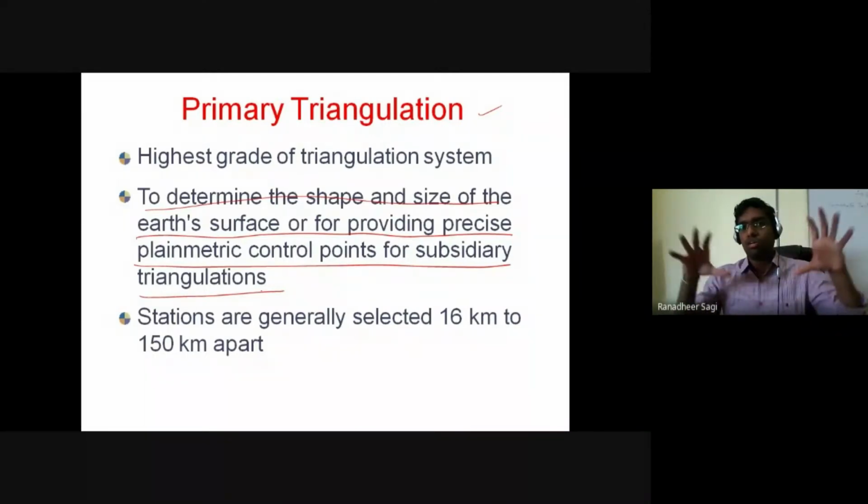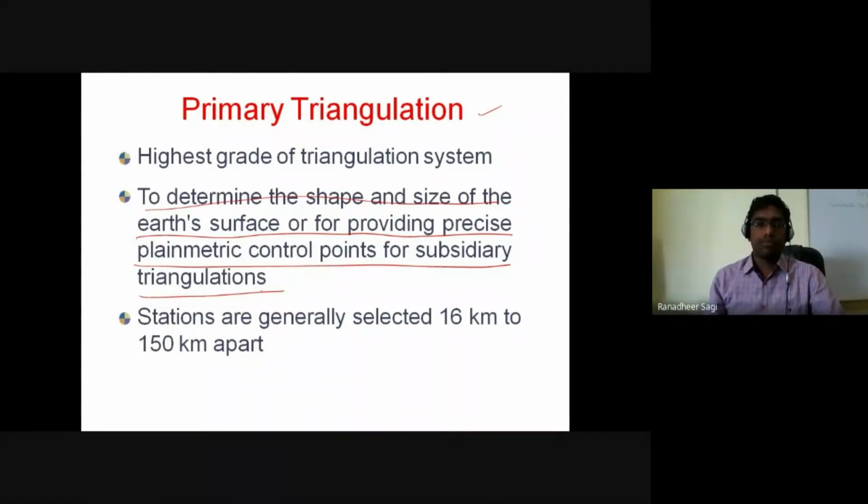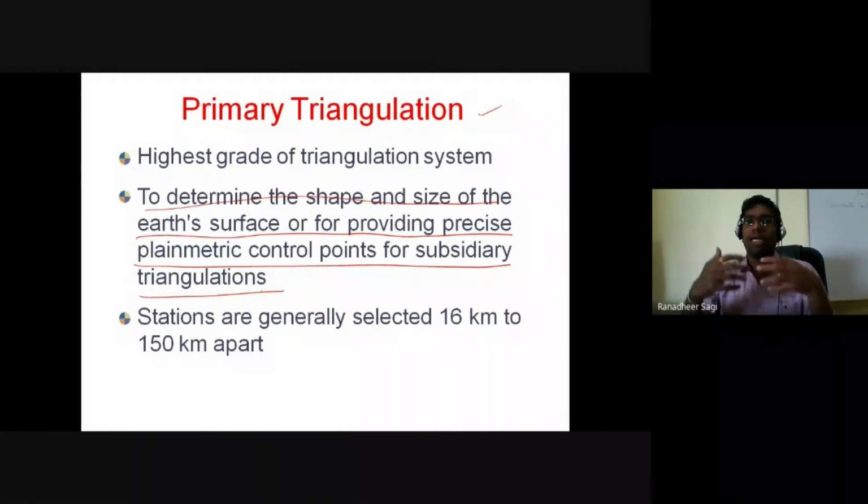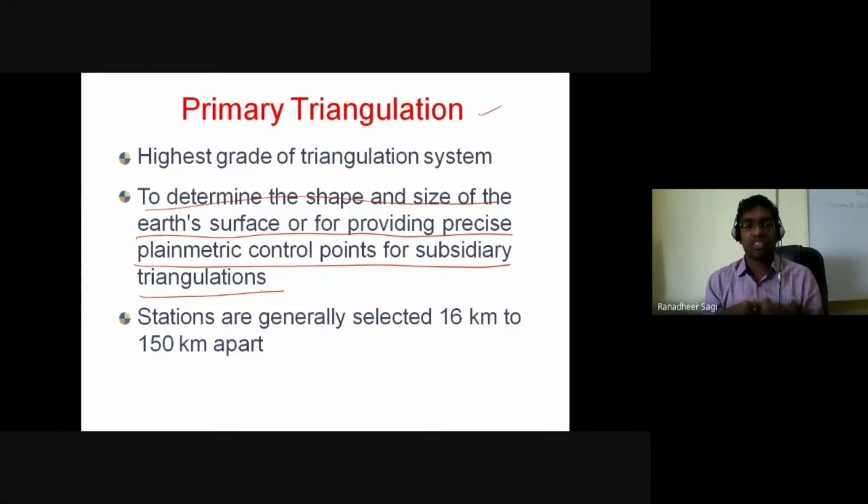In between those primary triangulation stations, I can build another triangulation network, which we call the secondary triangulation network. And in between those secondary stations, I build another network, called the tertiary triangulation network.